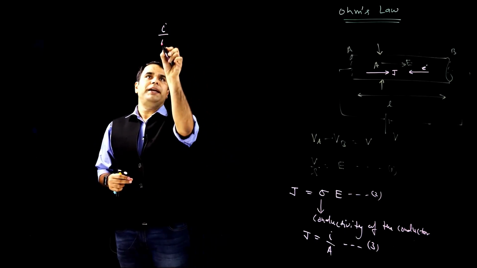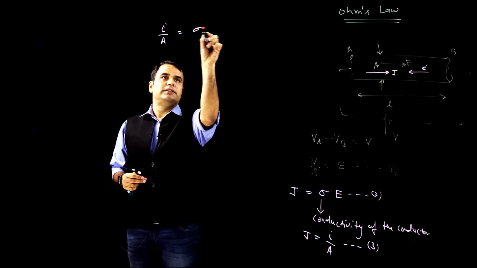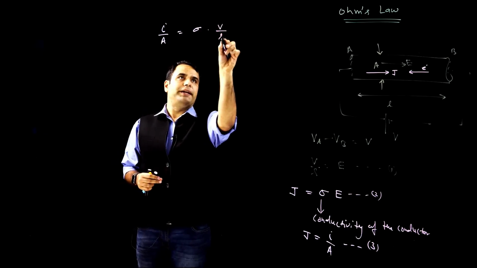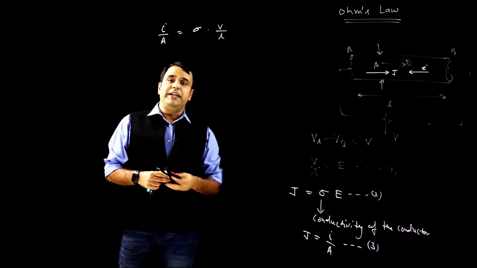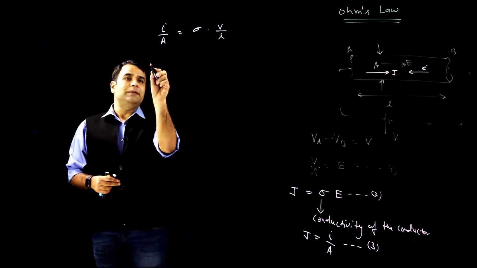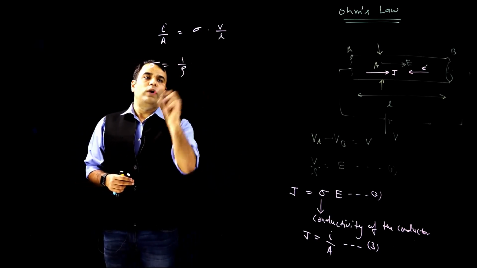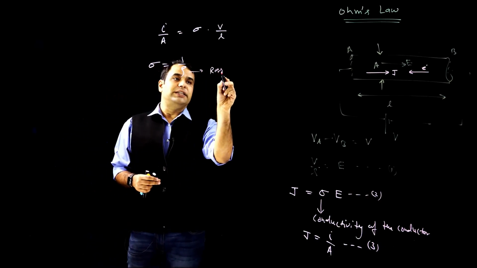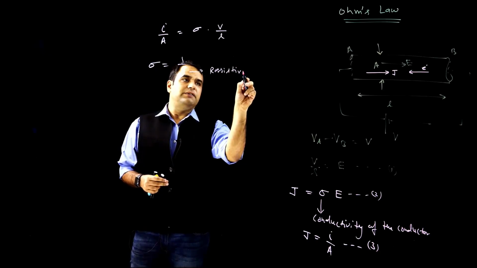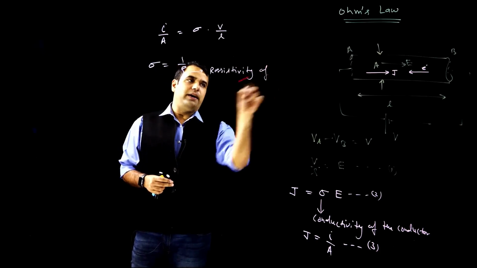We will get I by A is equal to sigma into V by L. This sigma, which is the conductivity of the conductor, I can also write as 1 upon rho. Sigma is the conductivity and rho is the resistivity of the material, obviously.